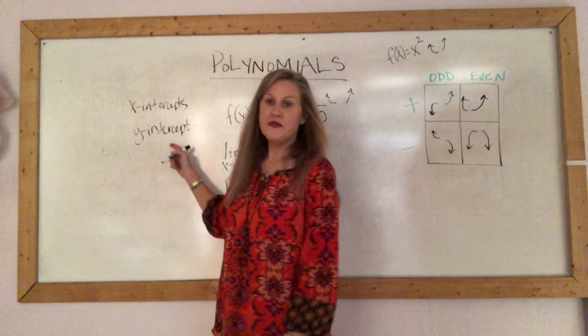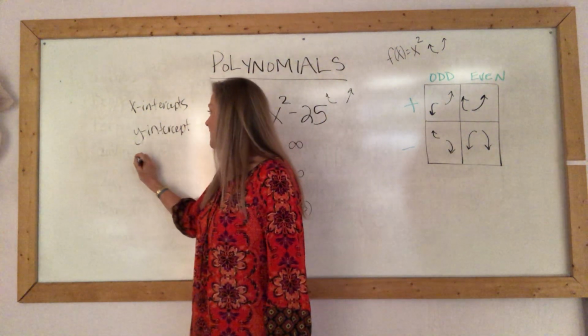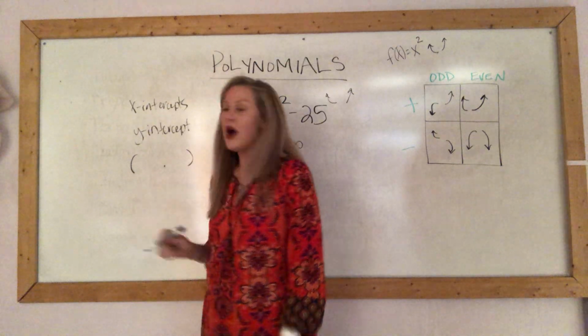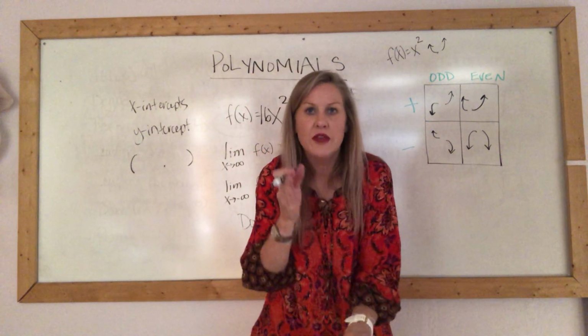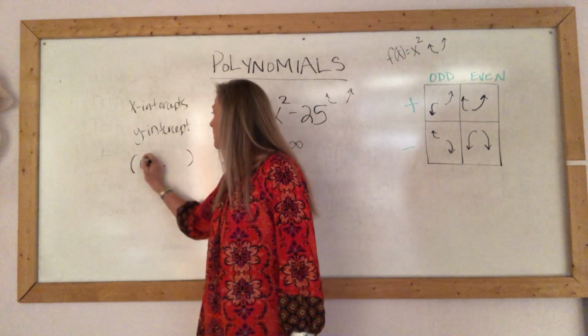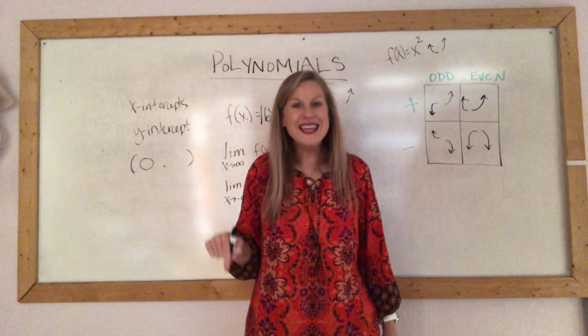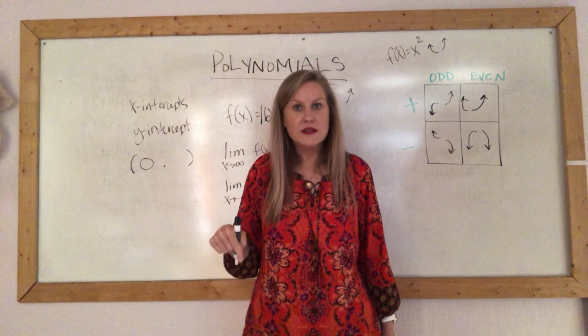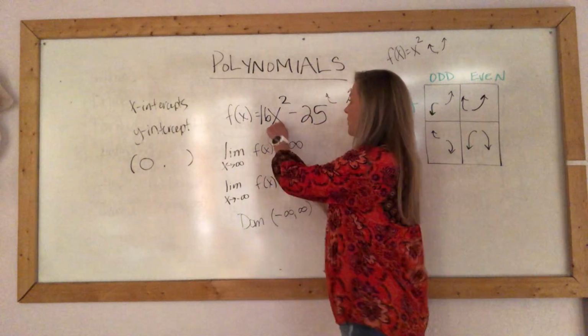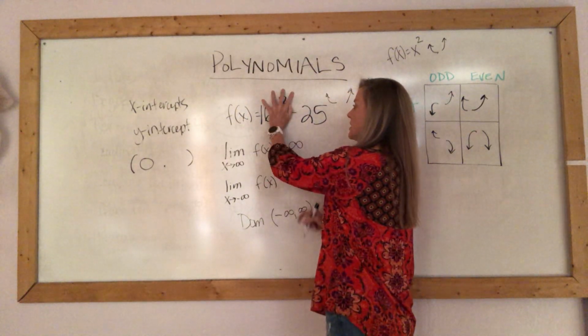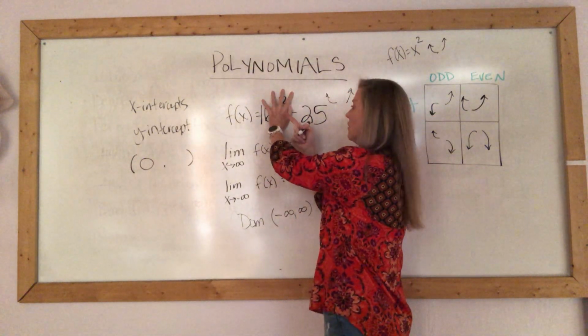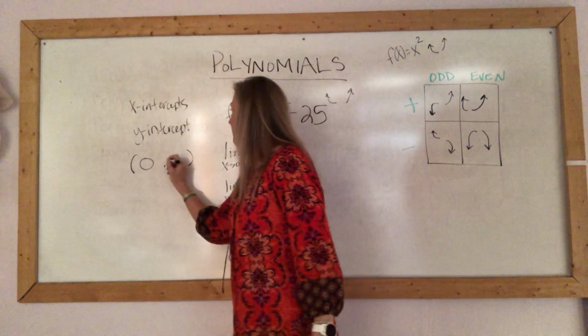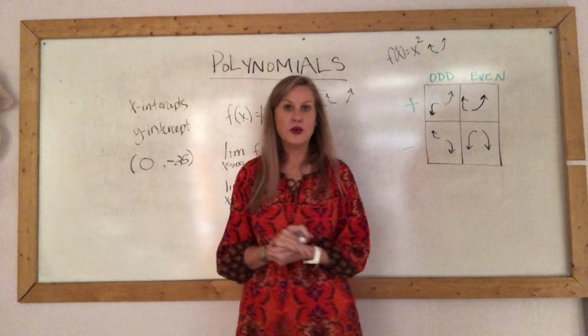To find the y-intercept, that is super easy. The y-intercept of any function on the planet is plug a 0 in to the function for x. So if I plug a 0 in for x, that whole term is going to go away or turn into 0. 0 minus 25 is negative 25.